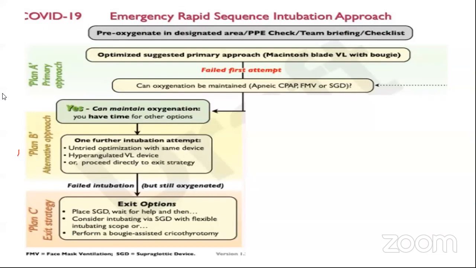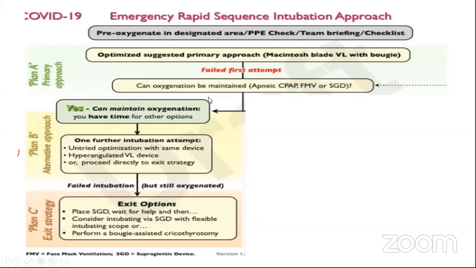Or if you think that this is not going to help, again, you can go to the fastest way of getting out of the situation, which is obtaining a surgical airway, what we call cricothyrotomy. And here in this algorithm, it is recommended to be bougie assisted. And I will show you what is a bougie assisted cricothyrotomy in a while.